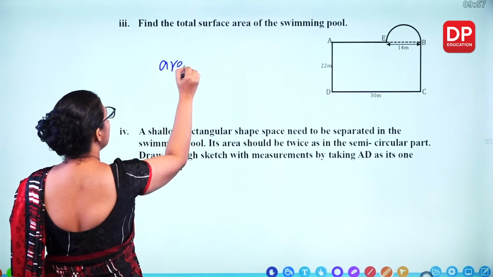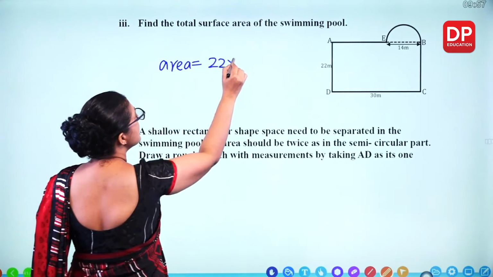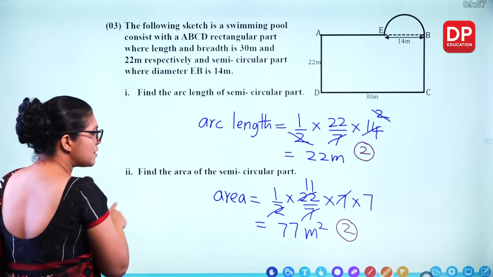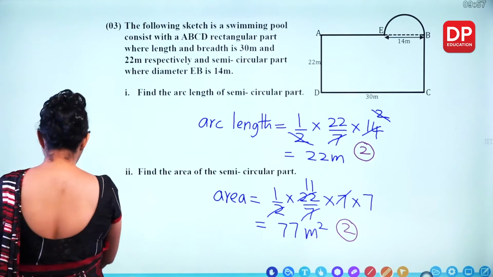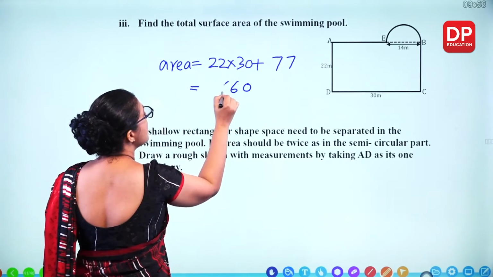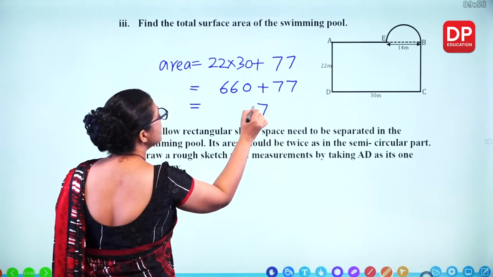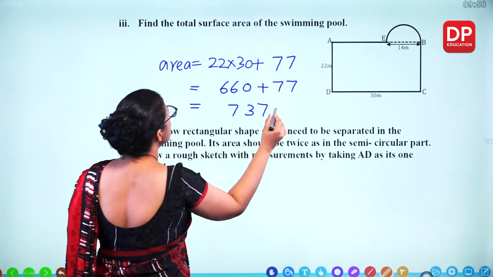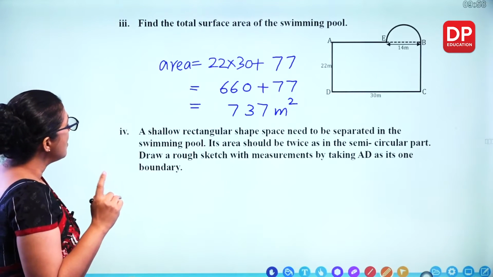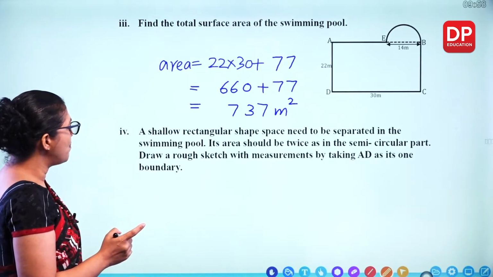So the area of the rectangle is 22 times 30, length into breadth, plus we found the area of the semicircular part, 77. You get 660 plus 77, 737 square meters.